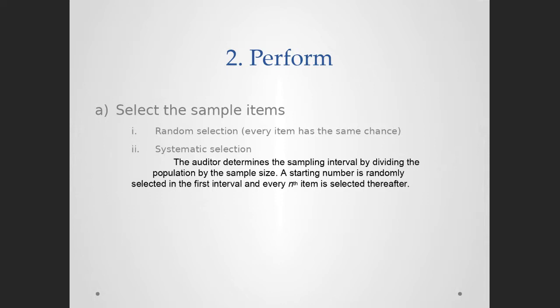The first is selecting the sample items. Now let's say we calculate the sample size, and let's say our sample size is 50, for example. So we're going to take 50 items from our population. We have the first method, which is random selection. That is, every single item has the same probability of getting selected in our sample.